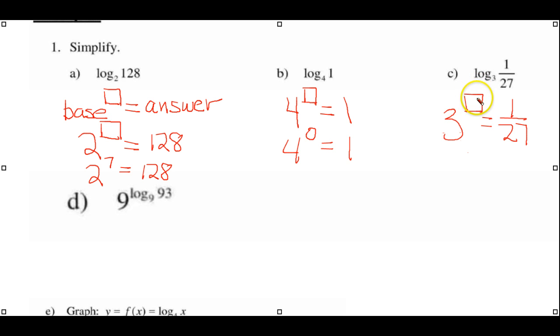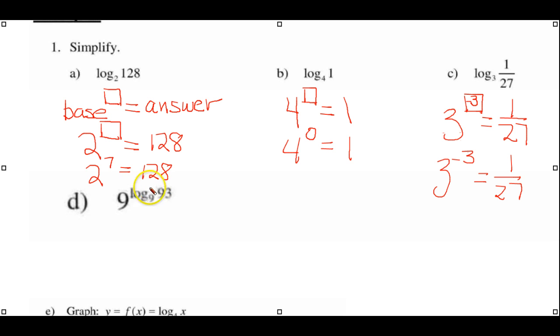And what form of exponent do we need in order to get the reciprocal of 27? And if you recall, it was -3. So the answer is 3 to the -3 equals 1 over 27. We did one of those in our T-charts.